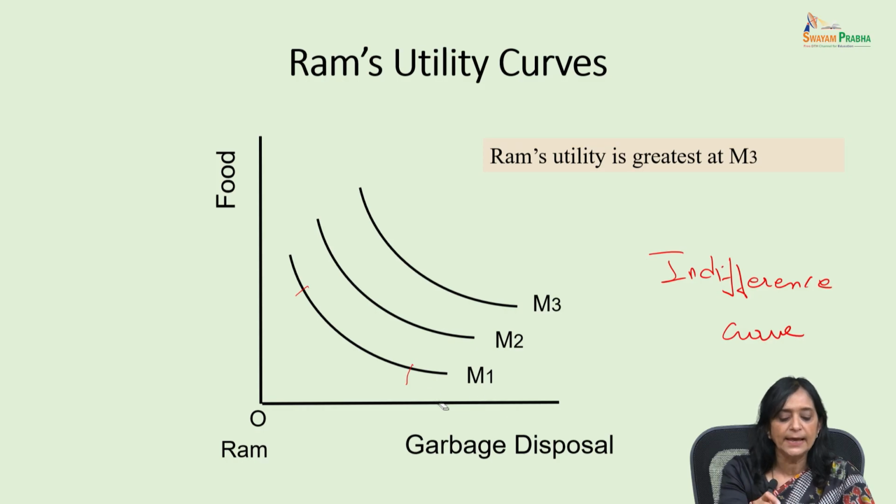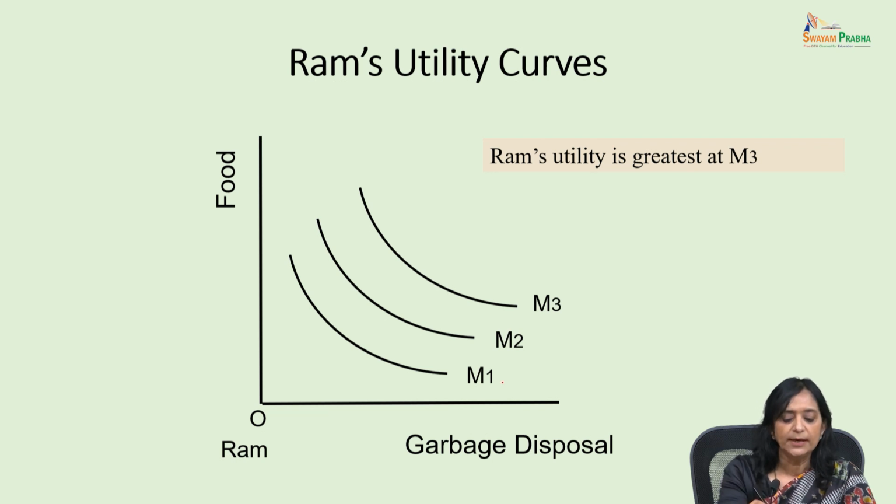But as we move to higher indifference curves, the level of utility rises. So a higher indifference curve shows a higher level of utility or satisfaction for that consumer. When we put various indifference curves on the same graph, that is called an indifference map.